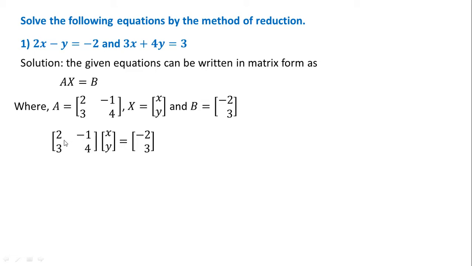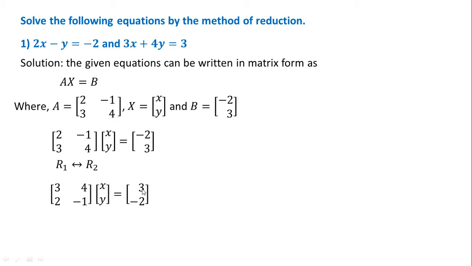Now we have to reduce this matrix A into an upper triangular matrix. We will use suitable row transformations. First of all, I will interchange R1 and R2, row number 1 and row number 2. So see here, 3, 4, 2, minus 1.